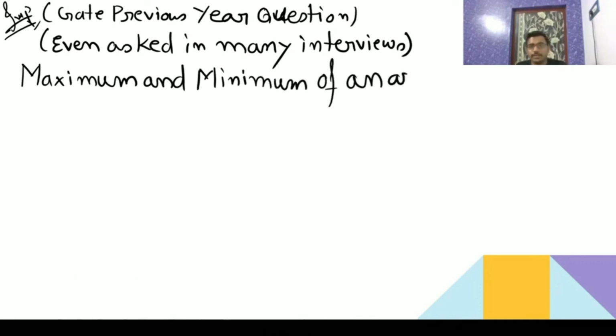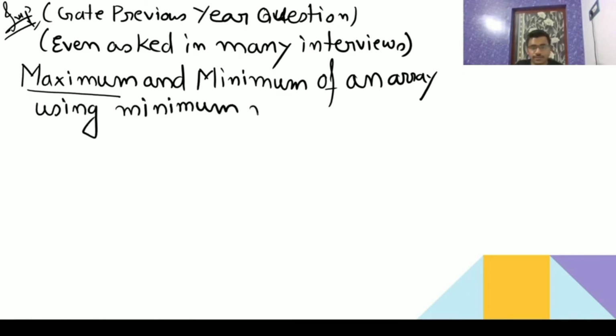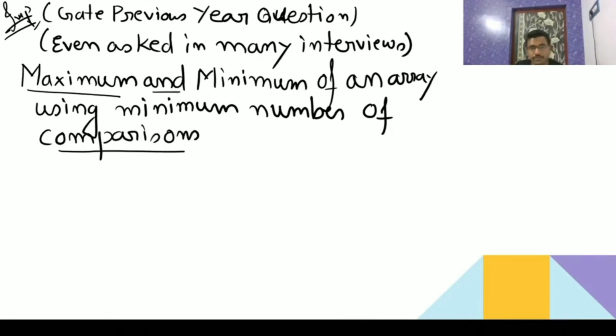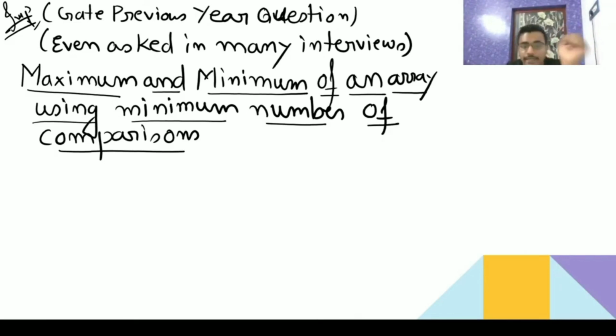You have to find the maximum and minimum of an array using the minimum number of comparisons. So given an array, how can you find the maximum and minimum of an array?